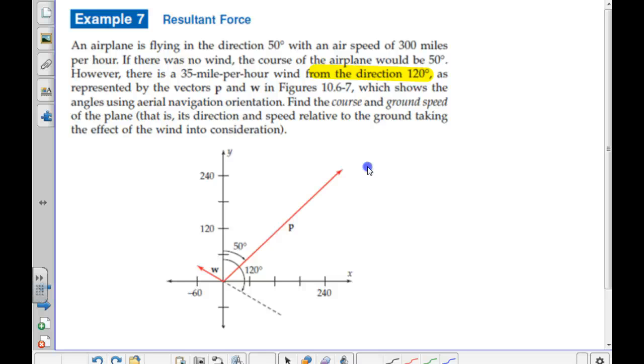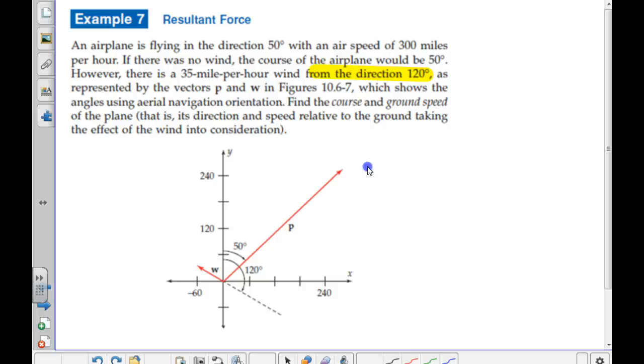However, there is a 35 mile an hour wind from the direction of 120 degrees. I think yours says 30 mile an hour wind, doesn't it? So we'll use the, oh, it says 60 for the plane? Okay. All right, we're going to use the numbers on your worksheet, but it says the vectors are here. Find the course and ground speed of the plane.